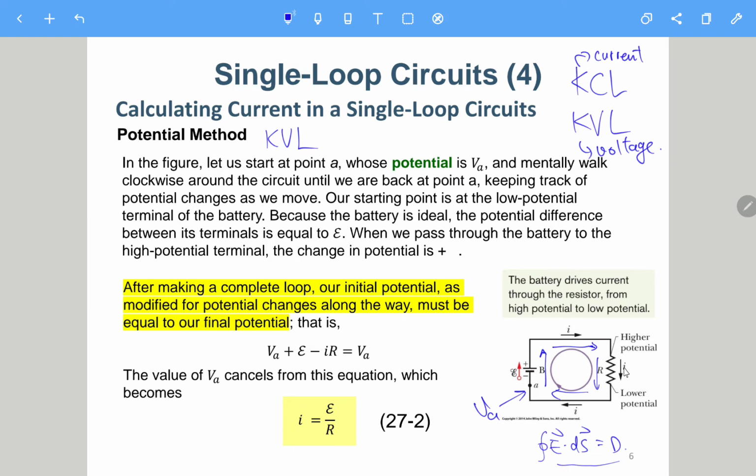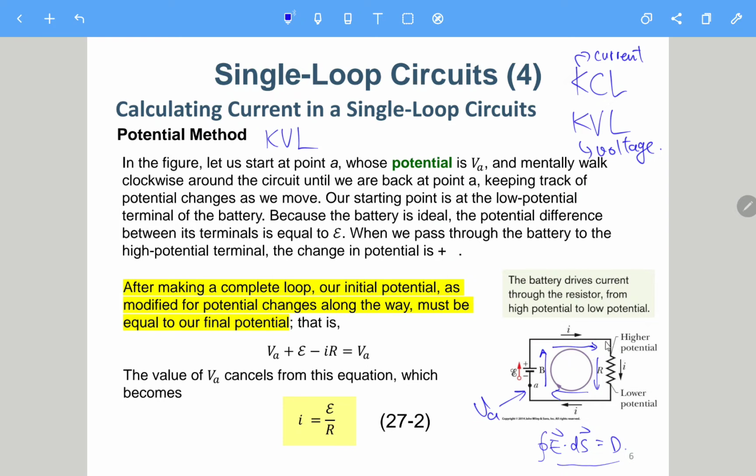For this path, the current is going from top to bottom, and this is a resistor, so it will have a voltage drop I times R according to Ohm's law. We have a minus sign here because it is a voltage drop.